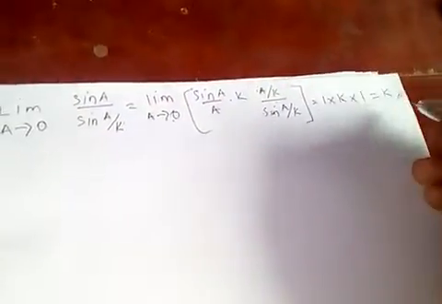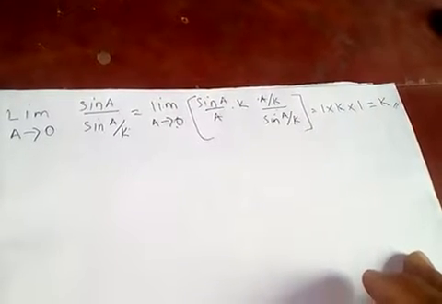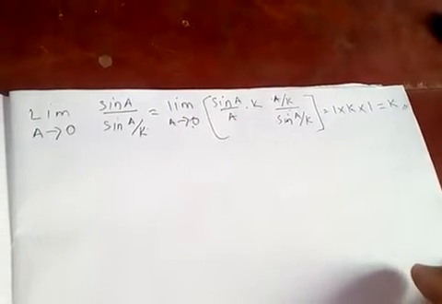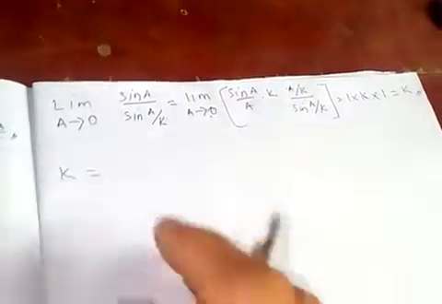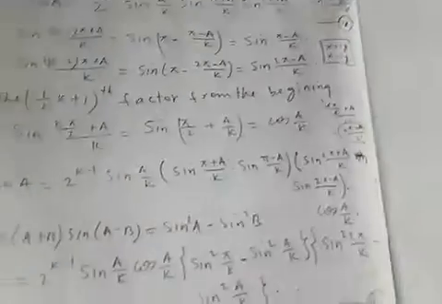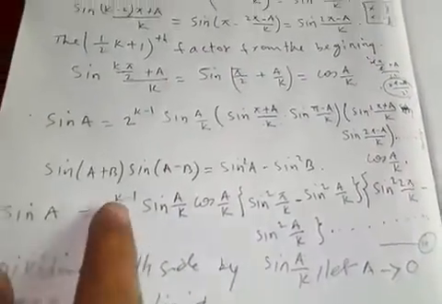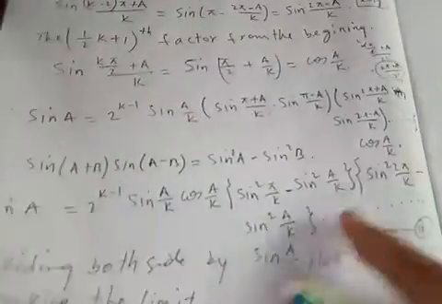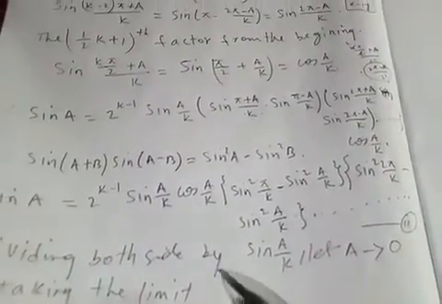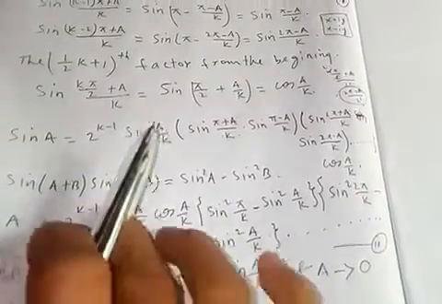Okay, remember that one. So k is equal to 2 to the k minus 1. Since I divided both sides by sine A over k, this and this will cancel out each other, and what is left is this only.